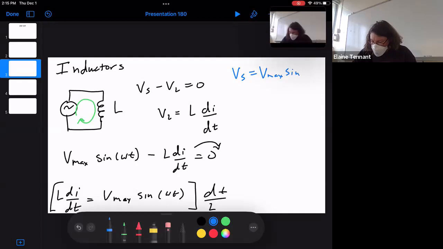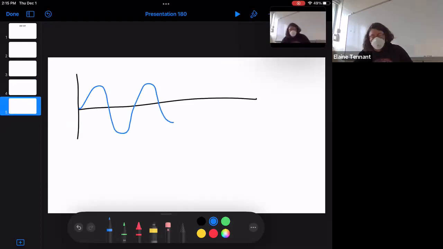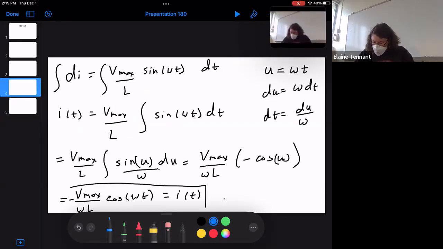So my source voltage looks like a sine. Okay, there's my source voltage. Then my current, I'll put it in green, looks like a negative cosine.